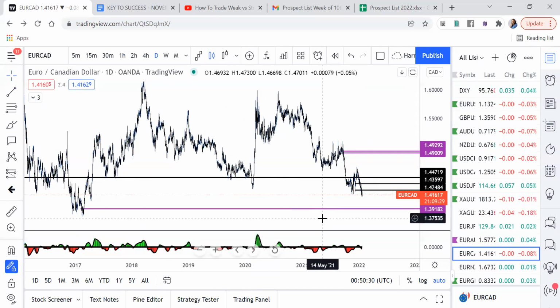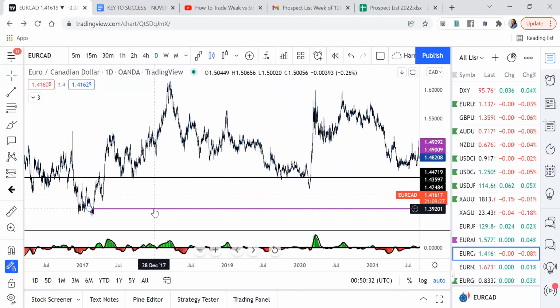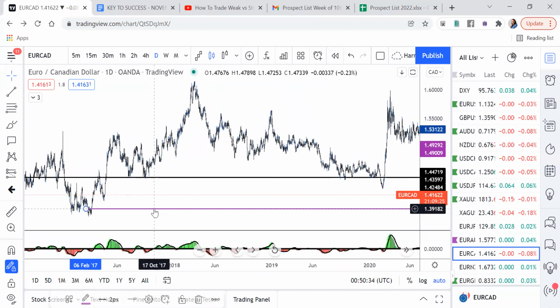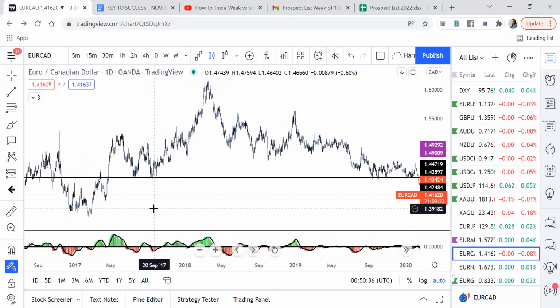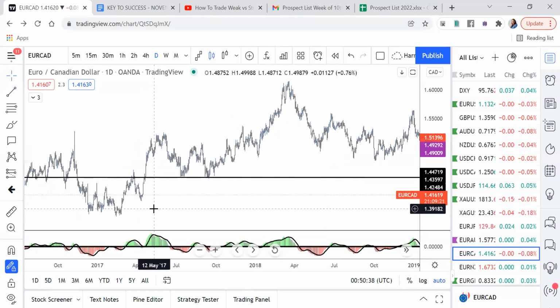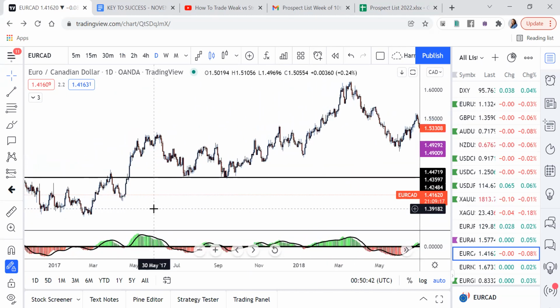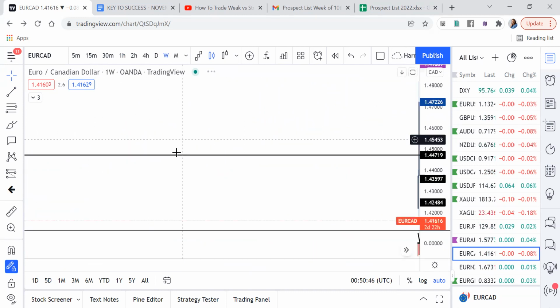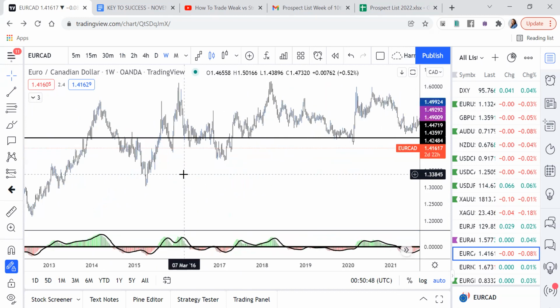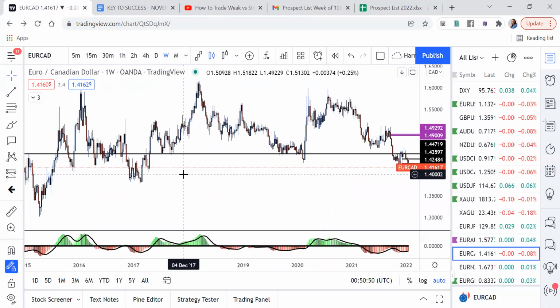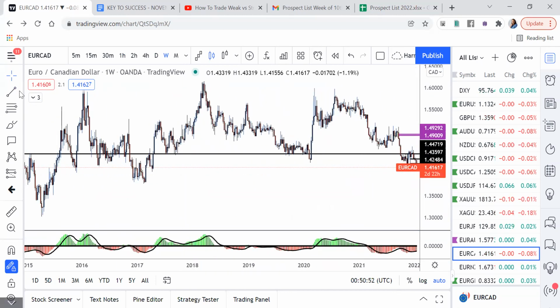So the daily, let's see where price could potentially be heading to. All right, because price is breaking 4-hour and daily structure. I'm gonna go to the weekly time frame. All right, there we go.